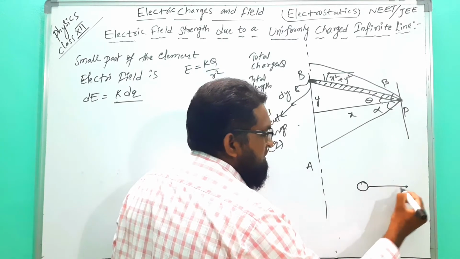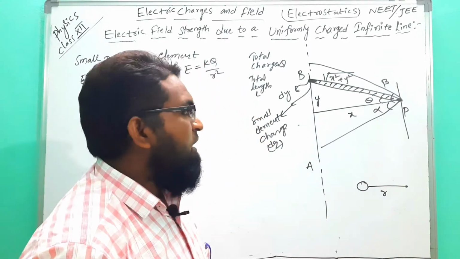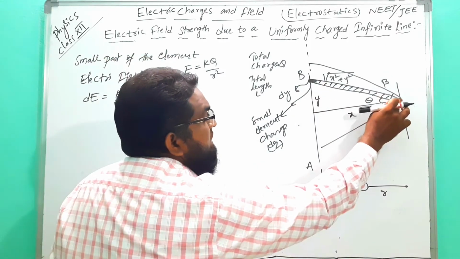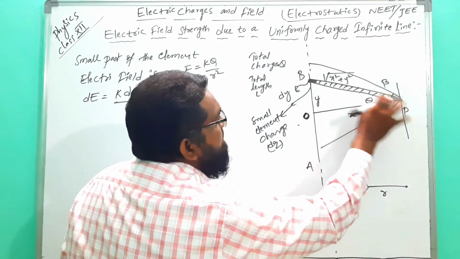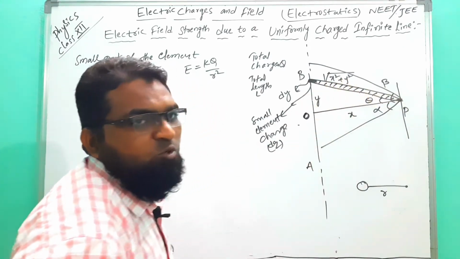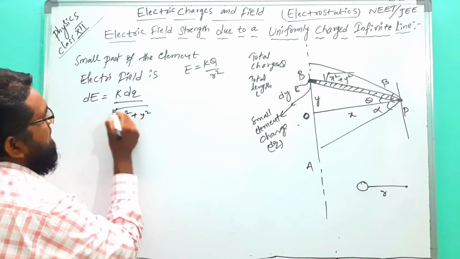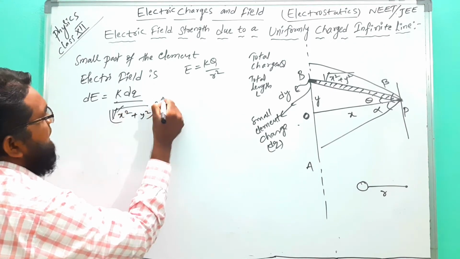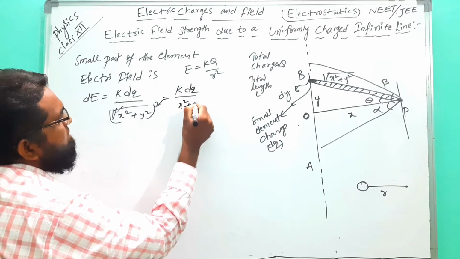And similarly here this is r square. Let us take this distance as r, so we write 1 by 4 pi epsilon naught dq by r square. But here, the distance from the P point to the origin point is root over x square plus y square. So root over x square plus y square, whole square. The square root cancels, giving k into dq by x square plus y square.